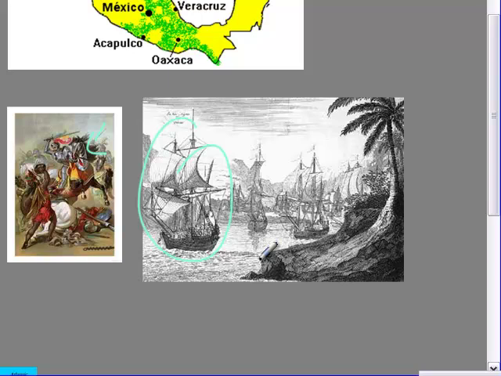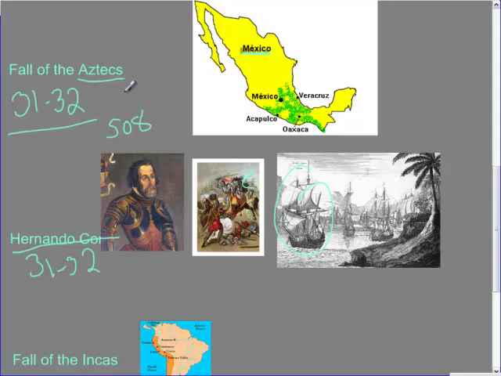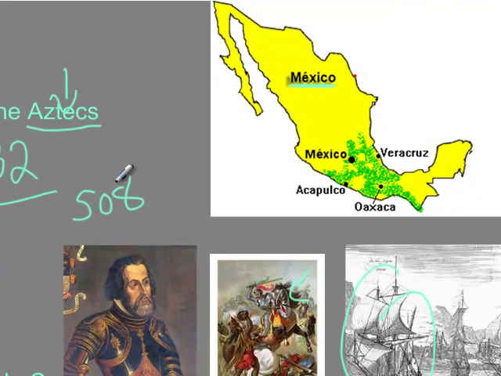But basically, with the story of how Hernando Cortez overthrows the Aztecs, the Spanish make alliances with all of the littler tribes that the Aztecs are ruling over. So the Spanish would say, hey, you hate the Aztecs, we don't want the Aztecs to be around anymore, how about you join up with us and we'll take them out together.